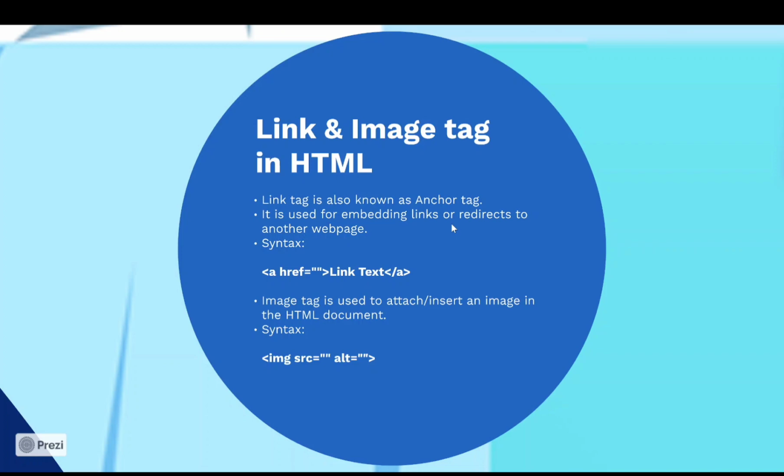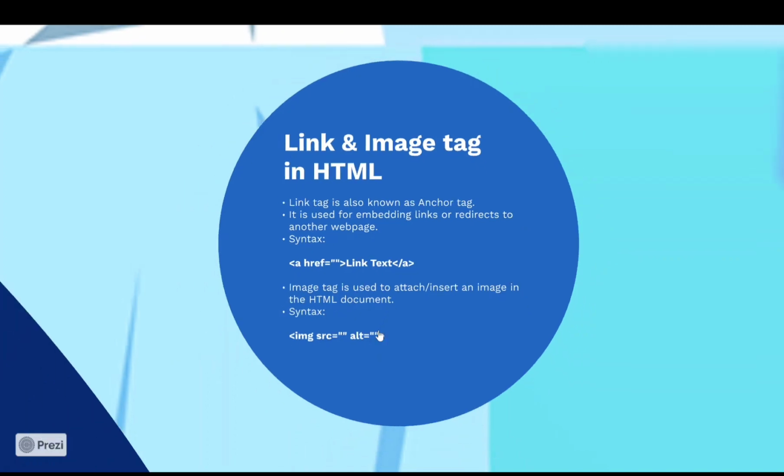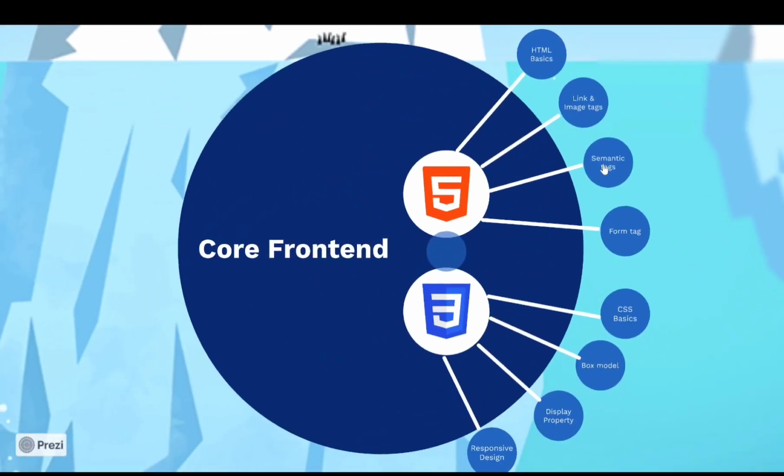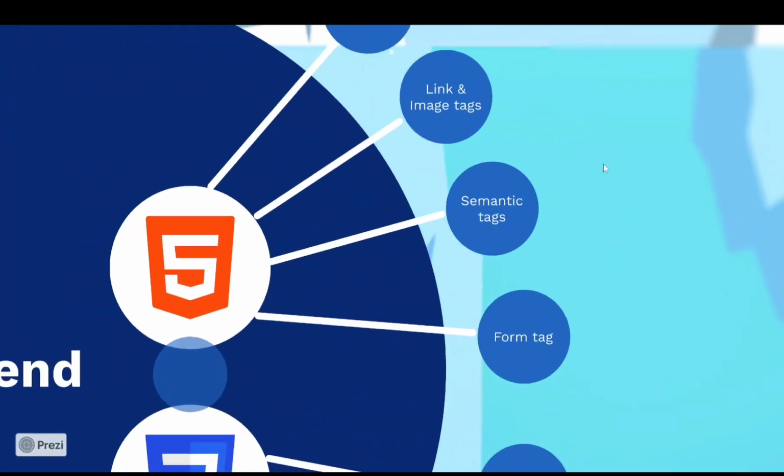Right now we use Google's web page for referencing. So doesn't matter. Anchor works flawlessly. Then we worked with image tag to insert image inside of our HTML document. So we already studied these two. So we will move ahead now and we will go to an important topic, which is semantic tags. Okay.